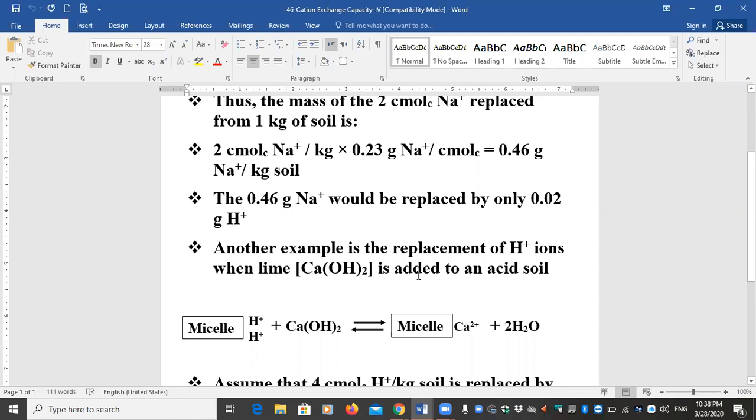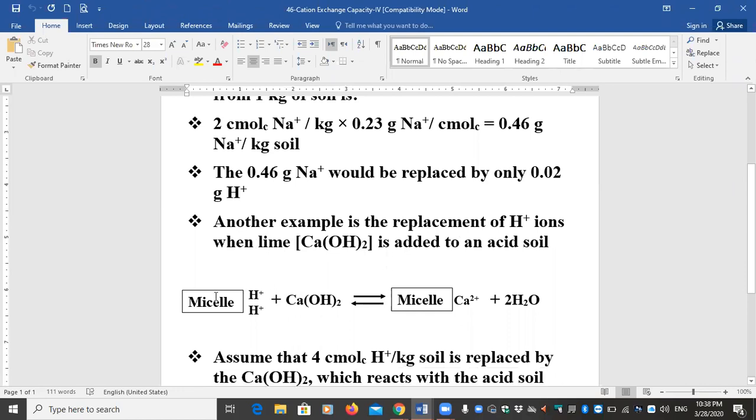Another example is the replacement of hydrogen ions when lime, which is calcium hydroxide, is added to an acid soil. So you have 2 hydrogens on a micelle. Calcium OH2 is needed to replace. We don't need the compound to replace. The compound will be a source of calcium. When you put this in water, it will dissolve into calcium plus 2 hydroxide ions.